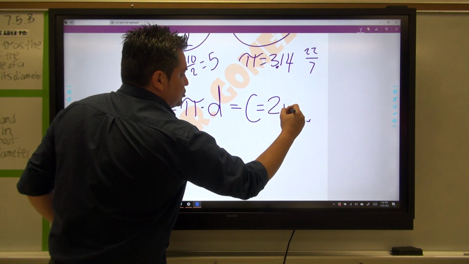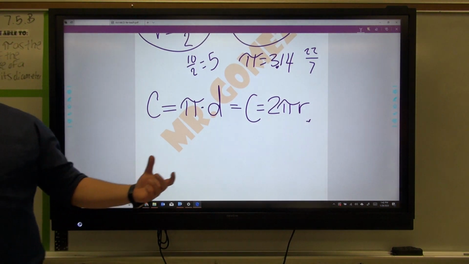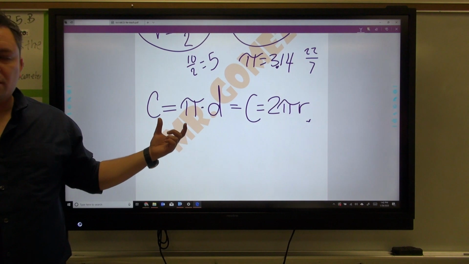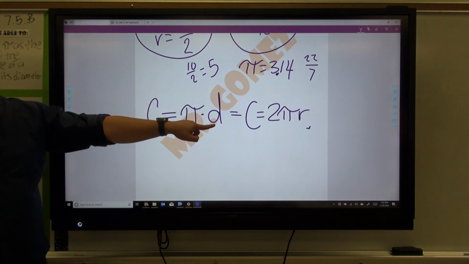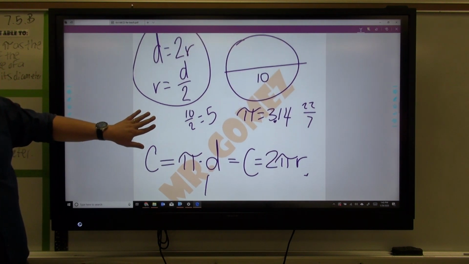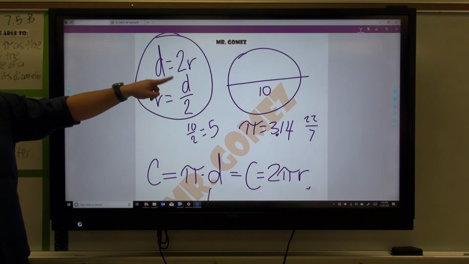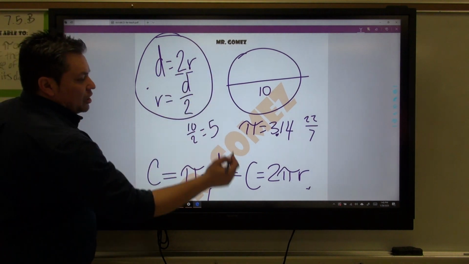Now the other formula for circumference is 2 times pi times r. What does that mean? I have a 2 now, and this one I don't have any numbers, all I have is letters, right? Now let's look at this. On this one, what did I use? Diameter. Now let's look at this. Diameter is 2 times the radius, 2r.